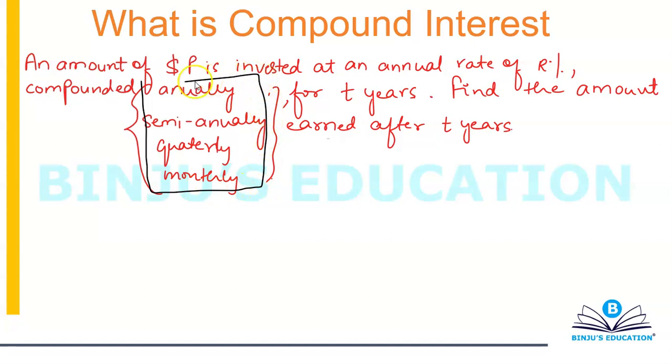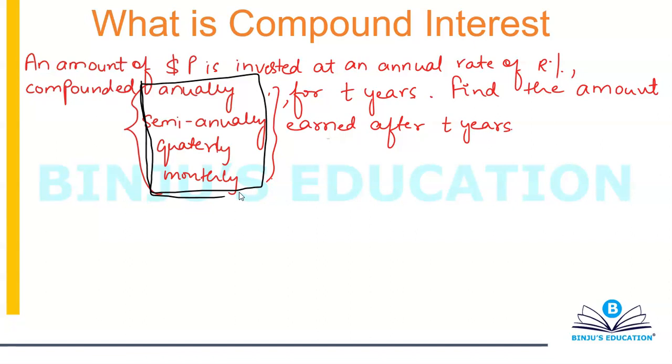What role would these four terms play? What do you mean when you say that your money is being compounded annually? What do you mean when you say that your money is being compounded semi-annually or quarterly or monthly? I don't want formulas. I want you to be ready with an answer, that is, what do you mean by these terms?